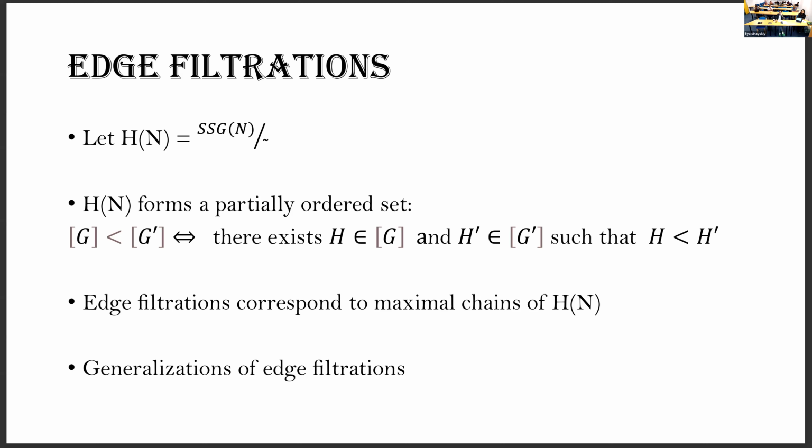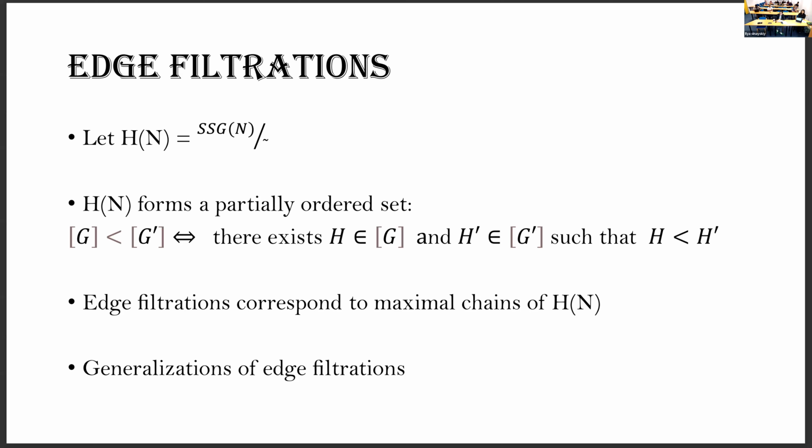Like I said before, edge filtrations exist in SSGN as a maximal chain. If we translate the edge filtration to HN, in terms of the sequence of equivalence classes, the edge filtrations in HN are actually a maximal chain with respect to this relationship.